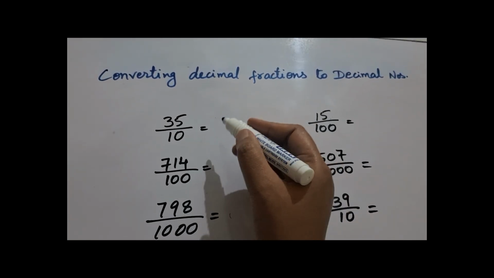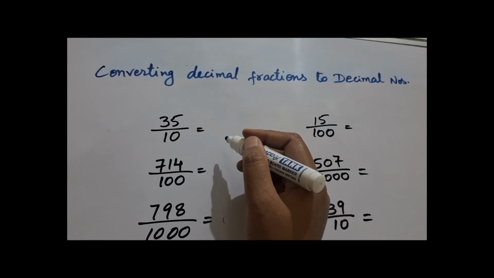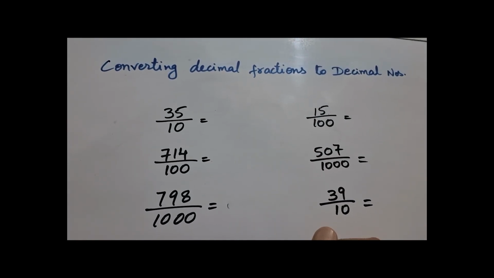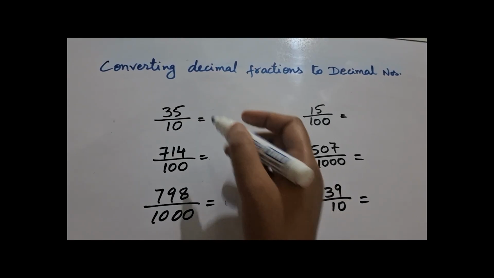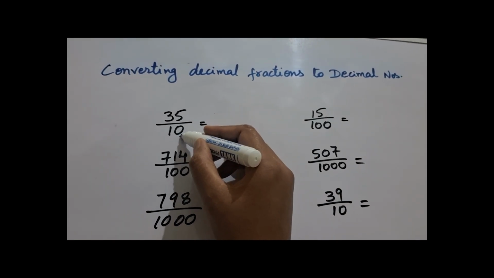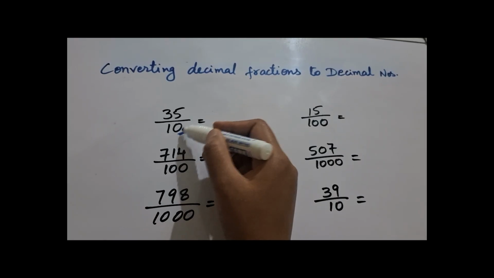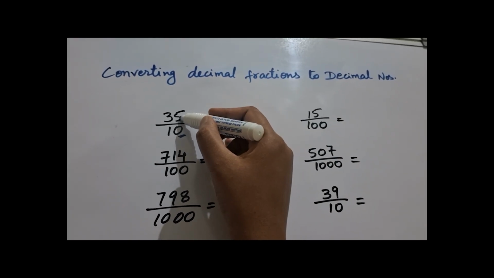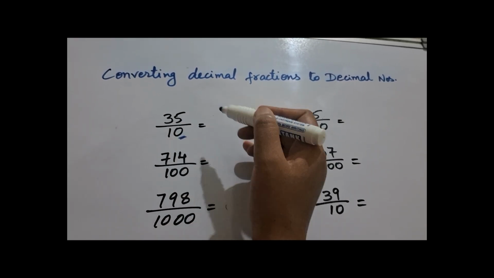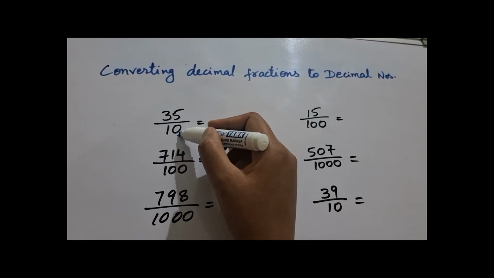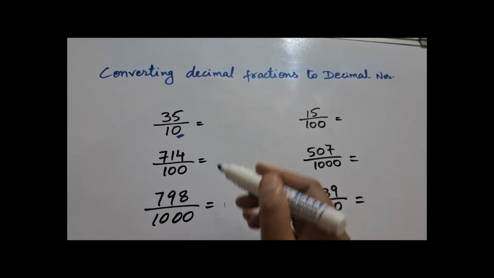Here I want to tell you one trick for how we can directly write the decimal numbers for these fractions. How many zeros are there in the denominator place? Only one zero. That means you leave one digit from the right side and then put the decimal point here. For example, 35 by 10. In the denominator place 10 is there.